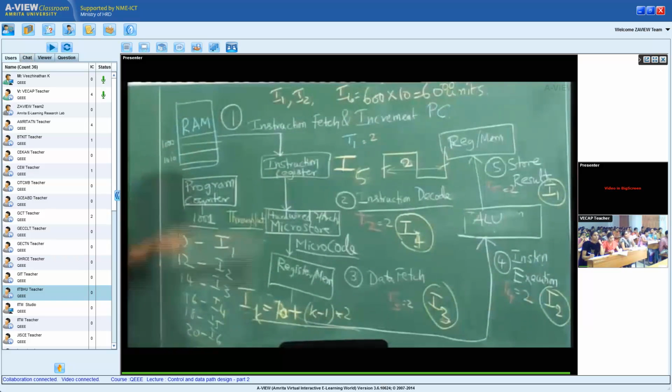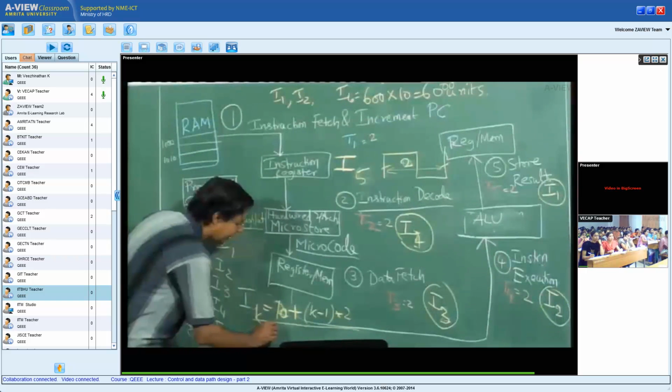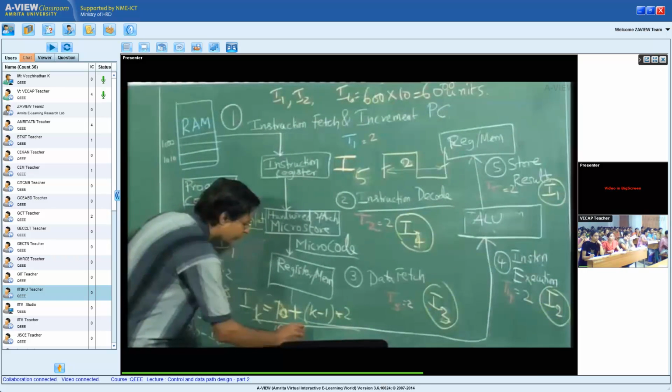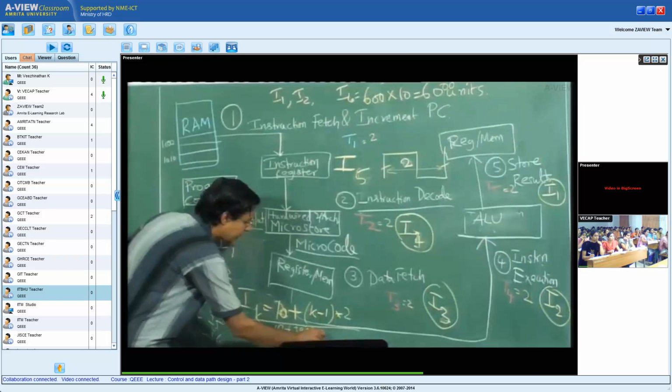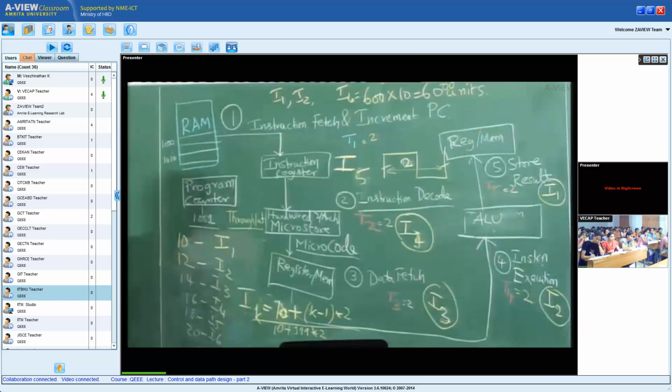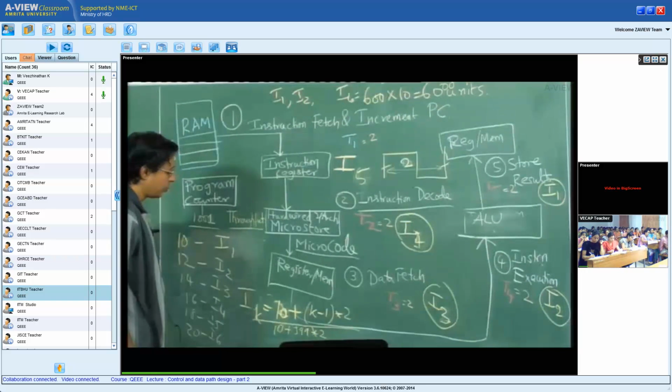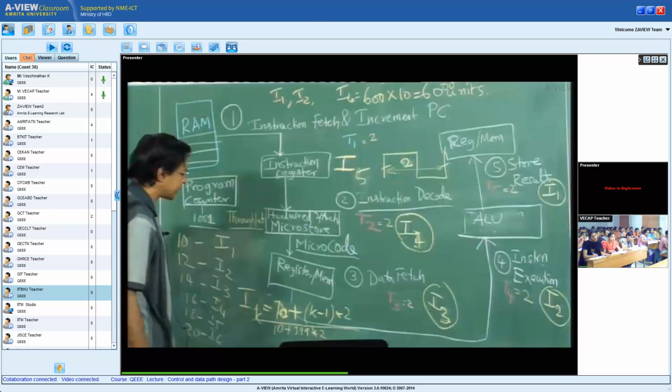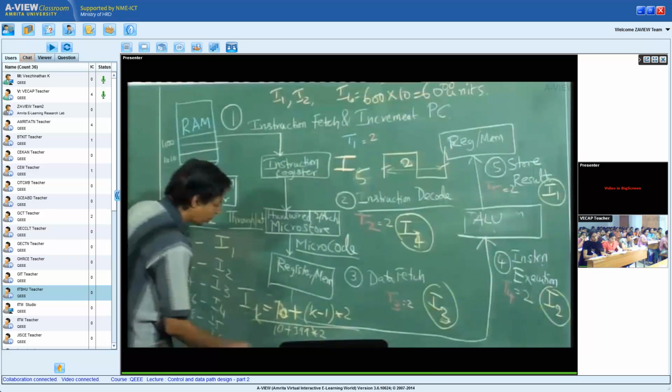So your 600th instruction will finish at 10 plus 599 into 2, which is 1198 plus 10, which is around 2008.